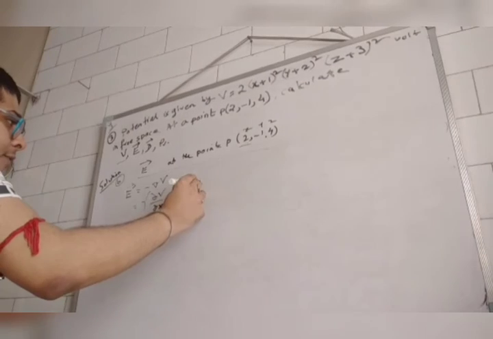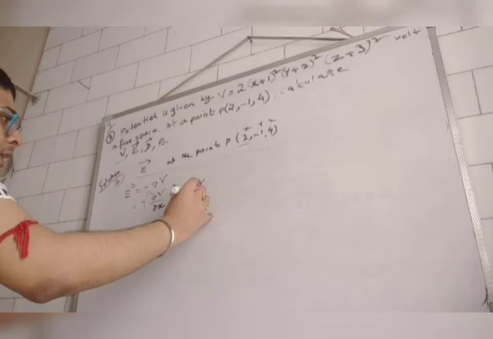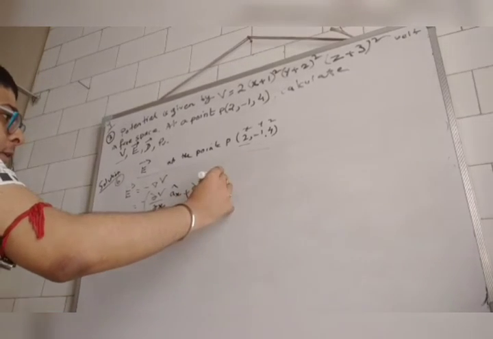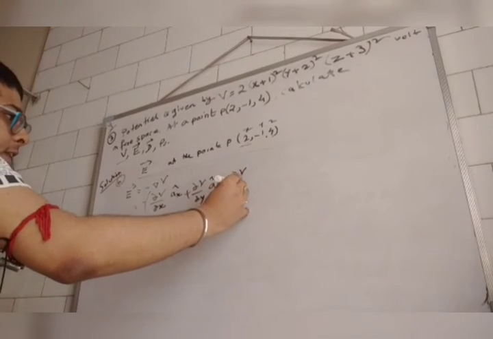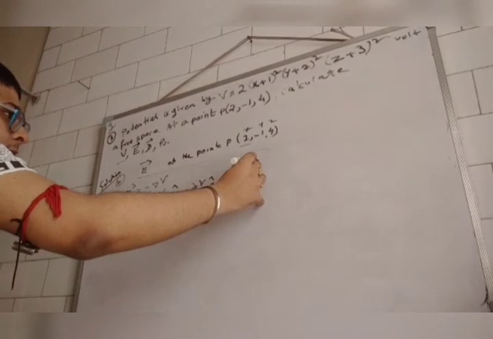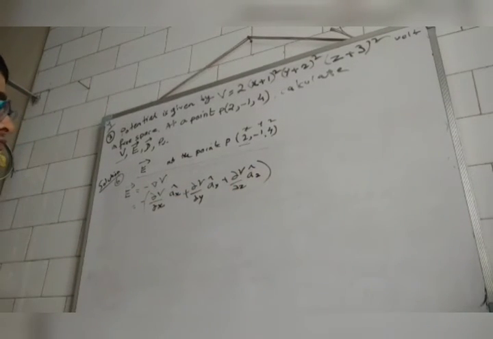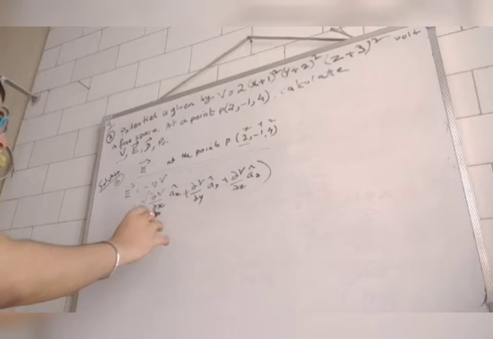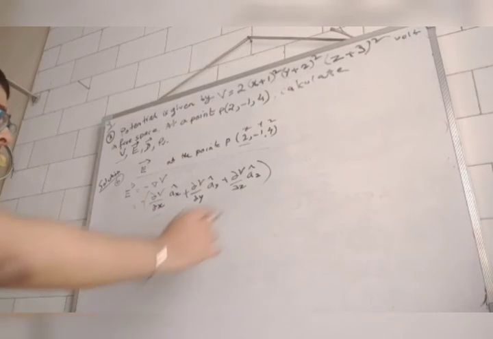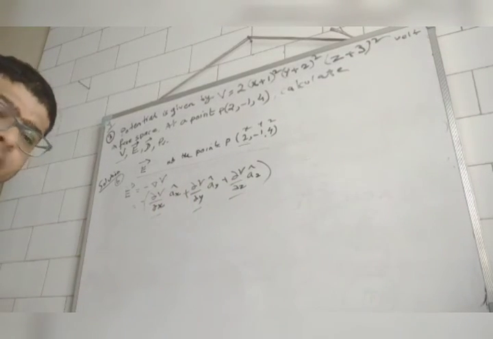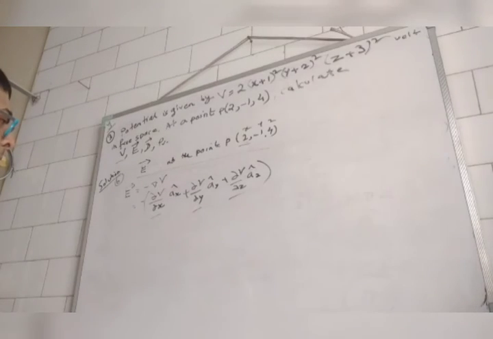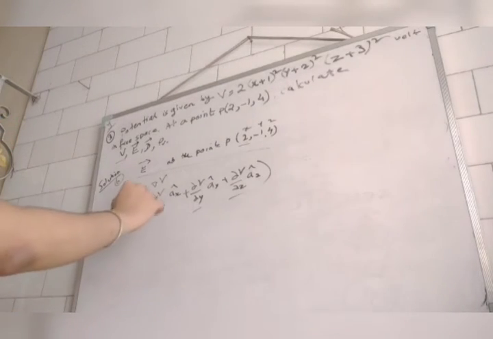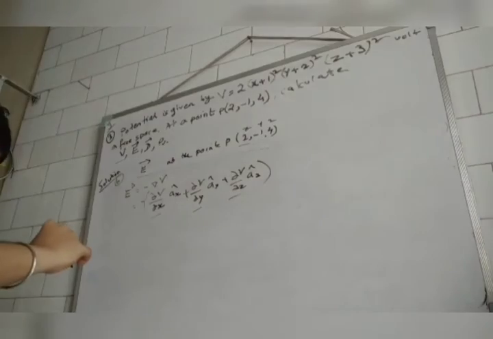And we have del V, del y, ay cap plus del V, del z, az cap. So this is the electric field. And remember, this is the x component of the electric field, this is the y component, this is the z component of the electric field. Okay. So let us calculate this del V, del x first.